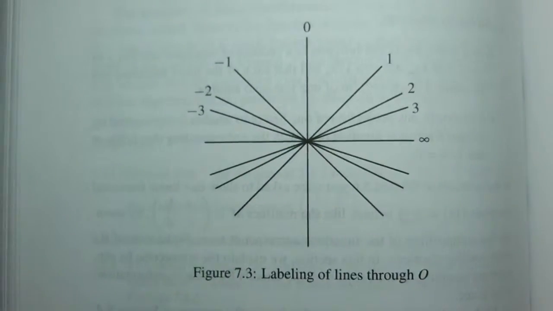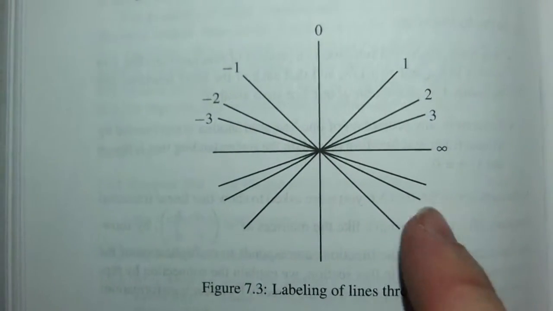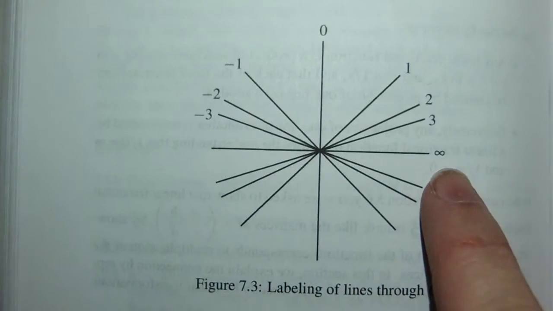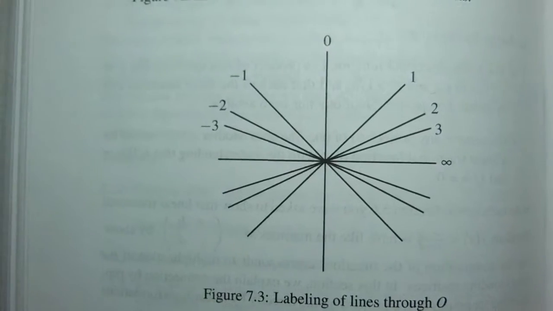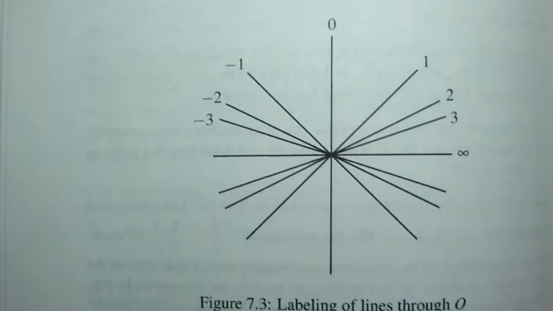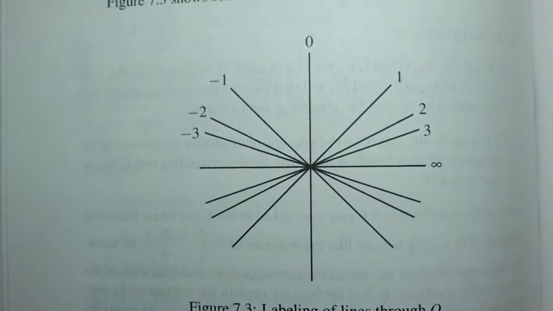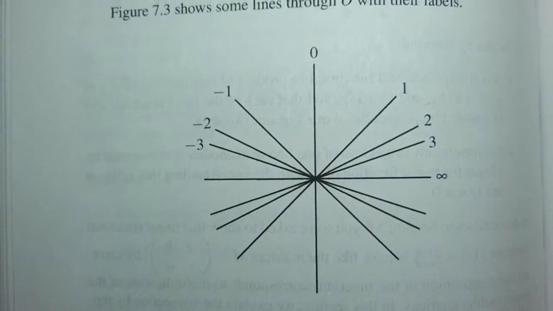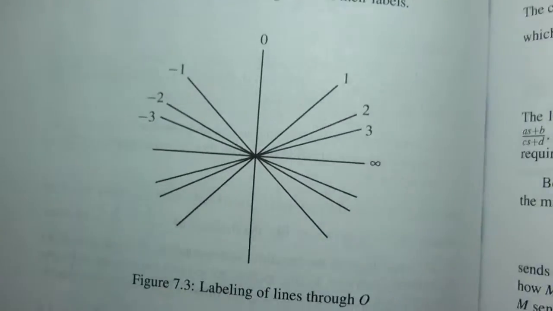This horizontal line is the x-axis, and the x-axis doesn't intersect the line y equals 1. Well, it intersects it at infinity, so technically that distance s is infinite. Or we can think of the x-coordinate of that point as some point not on the plane, and we call that point infinity.